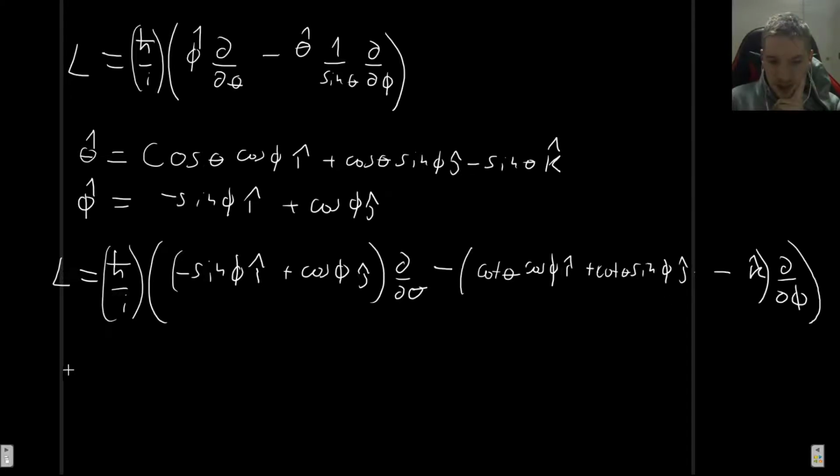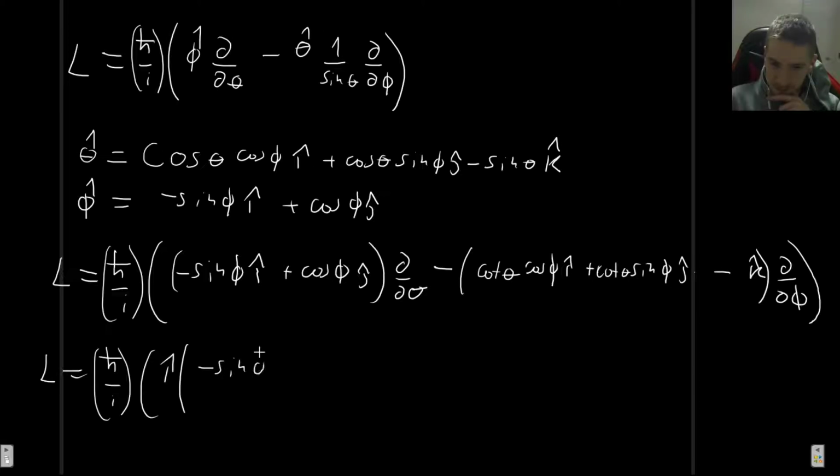Okay, now since what we're looking for are the components in each direction, let's group all of these terms in every direction. So let's go for i hat. In the x direction, which is this i hat direction, we have minus sine phi d theta. Then we have minus cotangent theta cosine phi d phi.